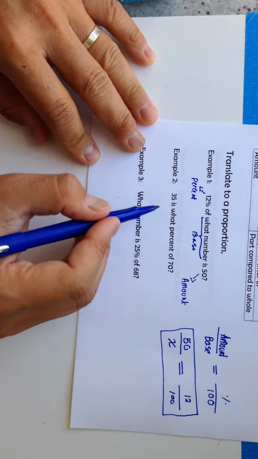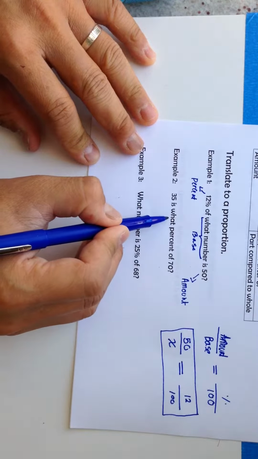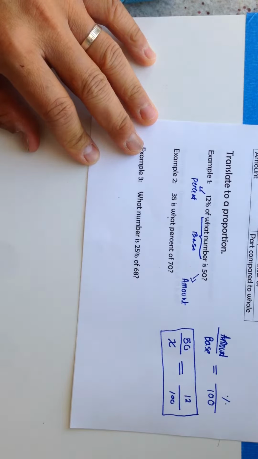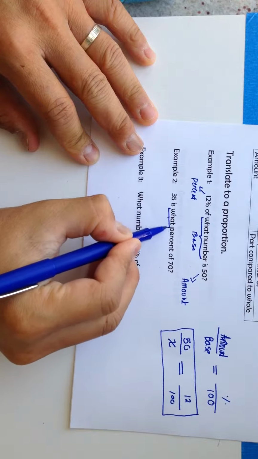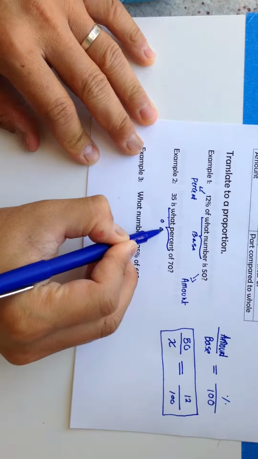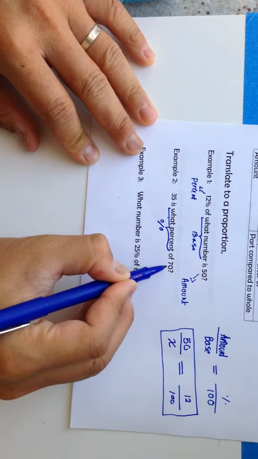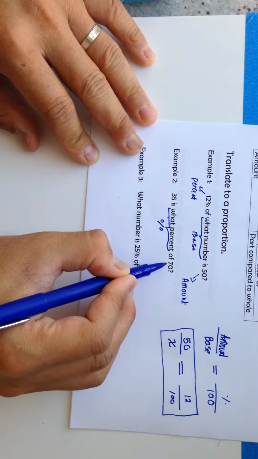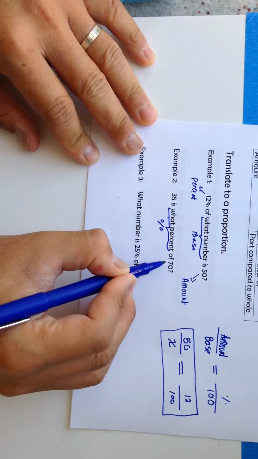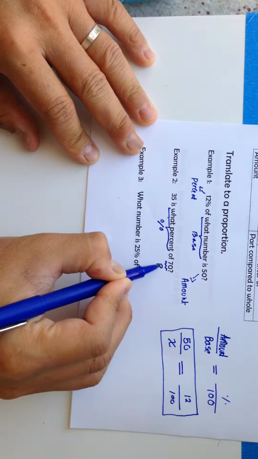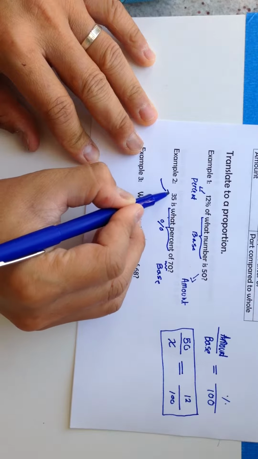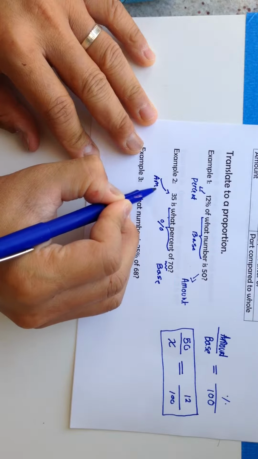Okay, 35 is what percent? So "what percent" is the percent. Of 70. 70 is going to be my base because the number 70 comes after the word "of." So this is my base, and that leaves me with 35 being my amount.